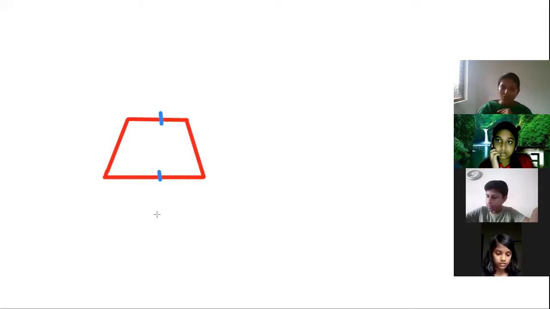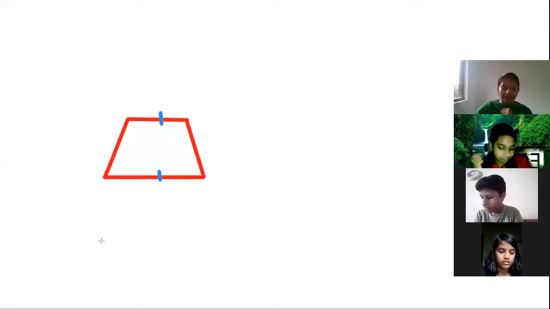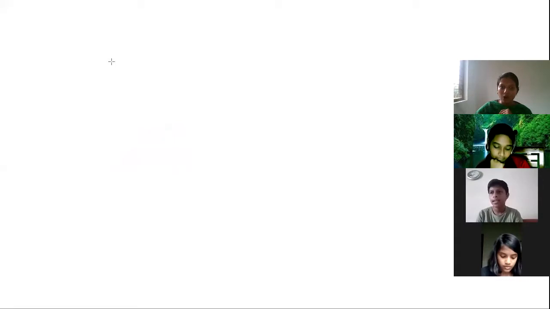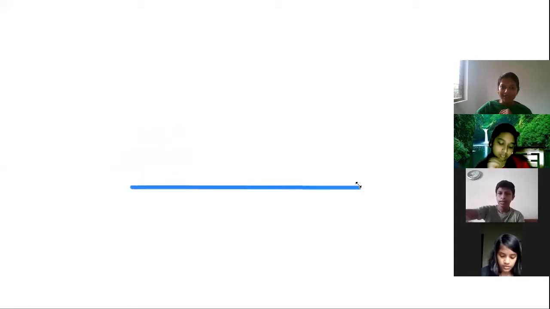So here in figure 3.11, you can see that 3 congruent triangles are taken together to form a trapezium. How many triangles are taken? 3 triangles are taken to form a trapezium.